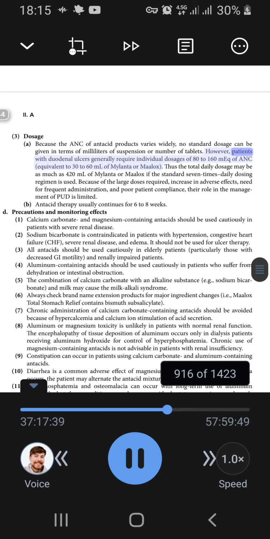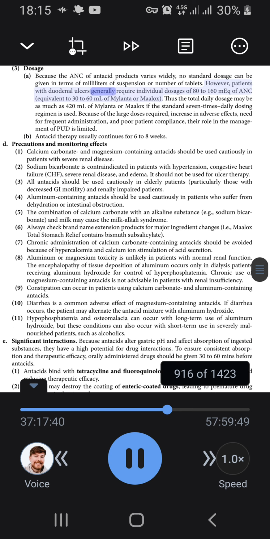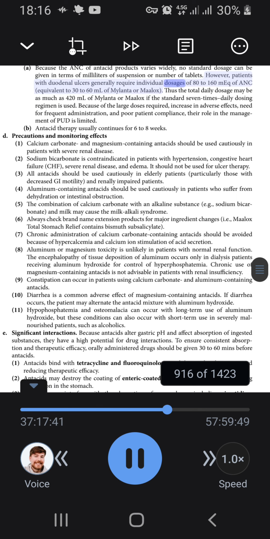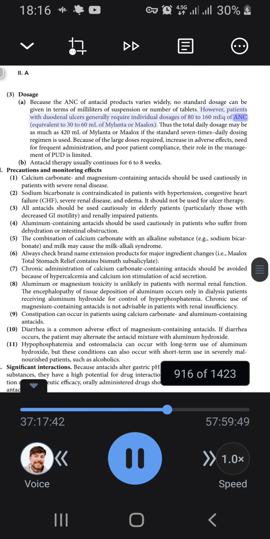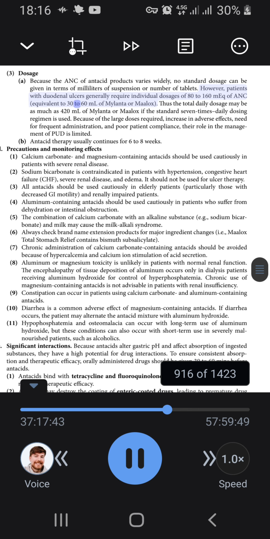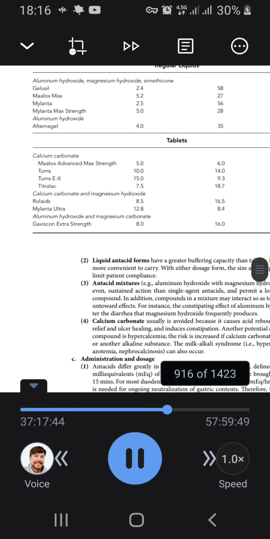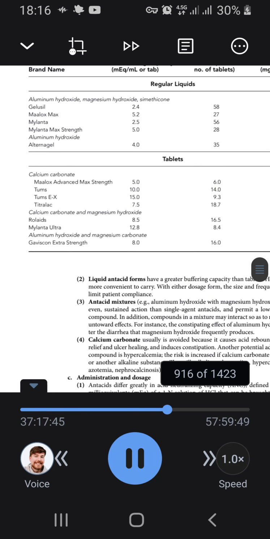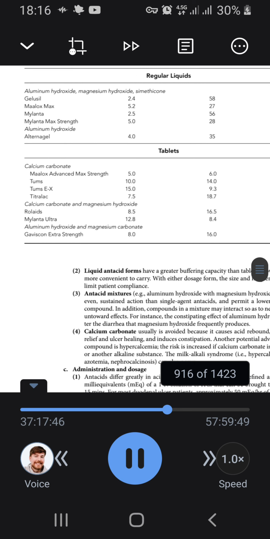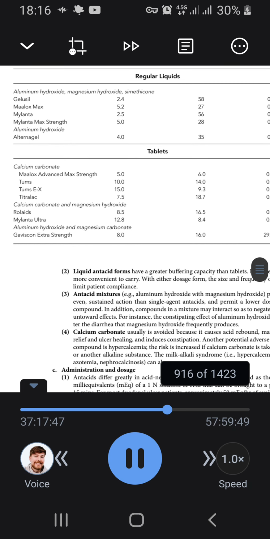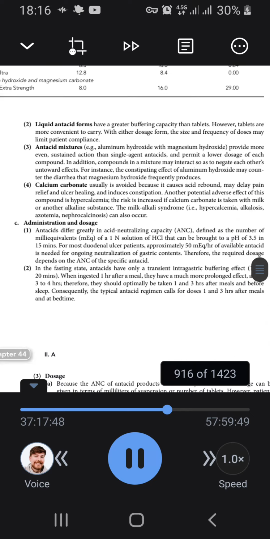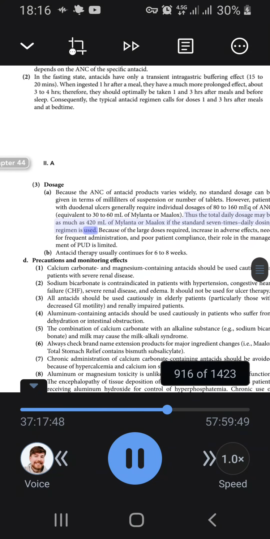However, patients with duodenal ulcers generally require individual dosages of 80 to 160 mEq of ANC, equivalent to 30 to 60 milliliters of Mylanta or Maalox. Thus, the total daily dosage may be as much as 420 milliliters of Mylanta or Maalox if the standard 7 times daily dosing regimen is used.